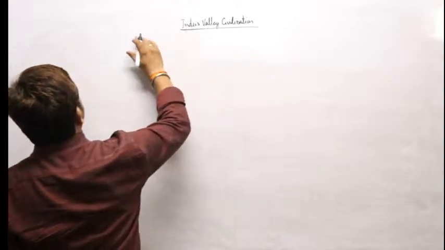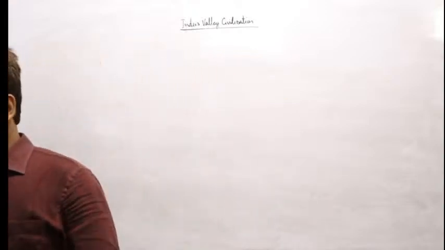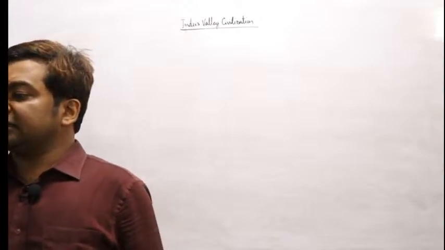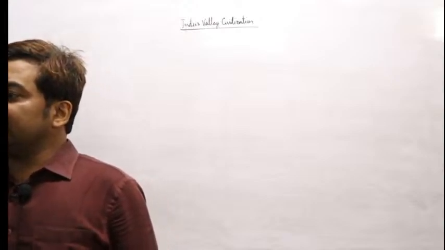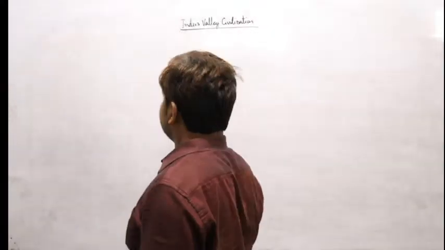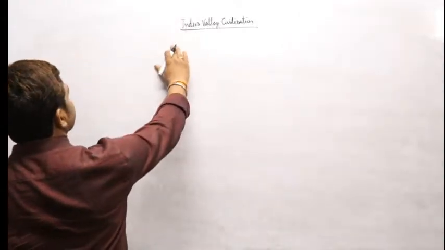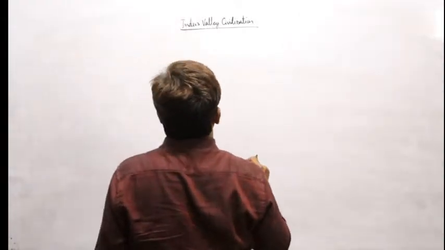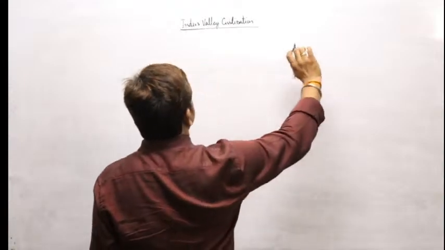If you look at the history of civilizations in the world, then you will find that Indus Valley Civilization had two contemporary civilizations. There were two civilizations which can be said to be contemporary to Indus Valley Civilization.